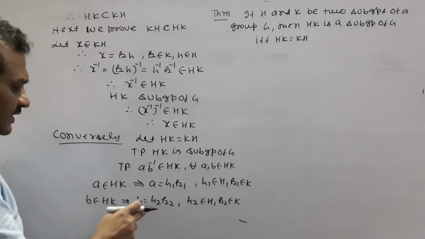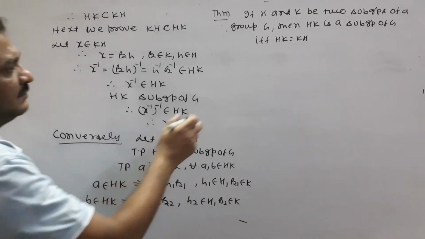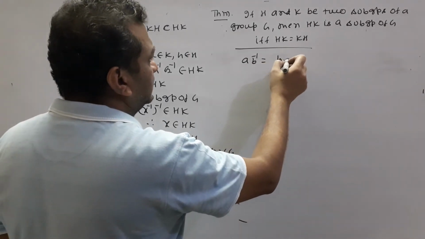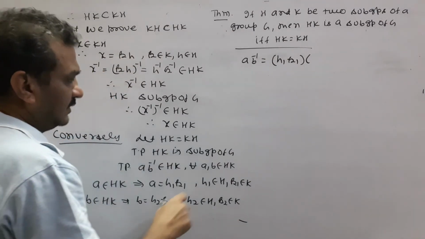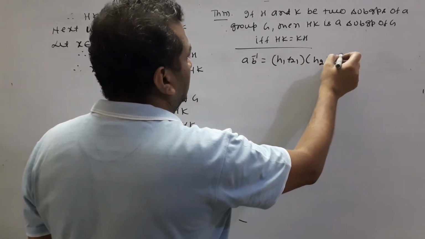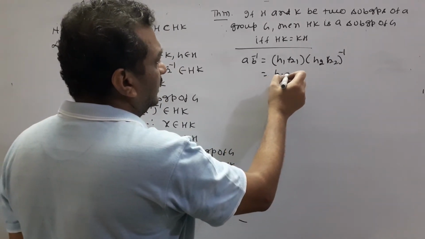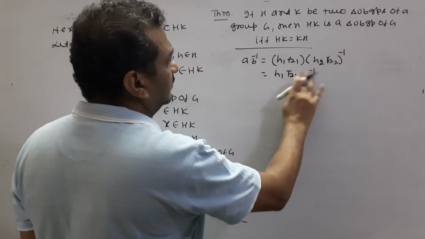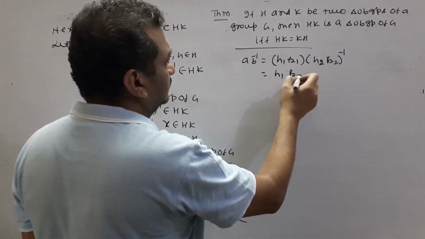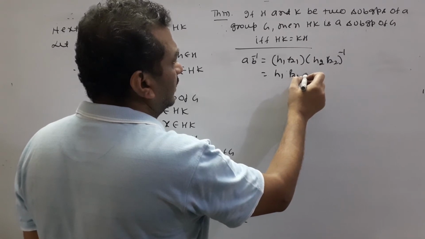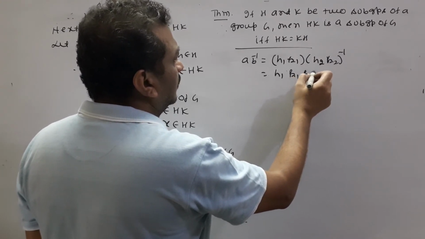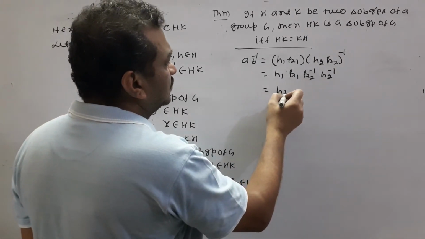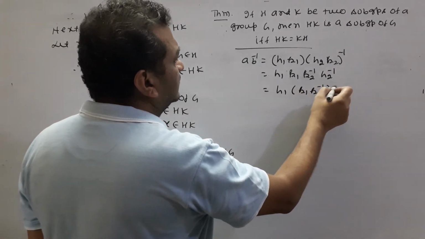So look, beta, a is h1 k1, b is h2 k2. Then a b inverse equals h1 k1 times h2 k2 inverse, which equals h1 k1 k2 inverse h2 inverse.